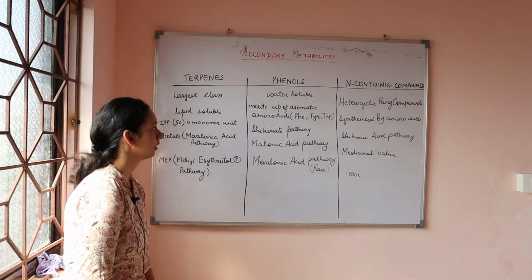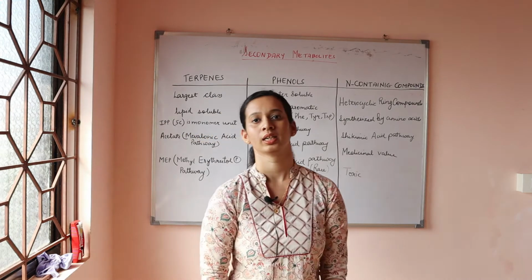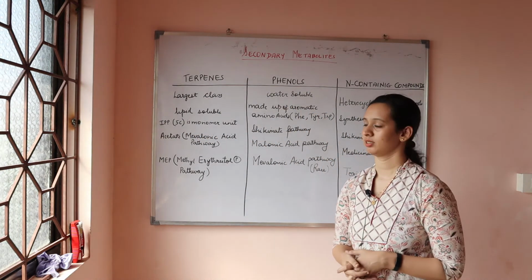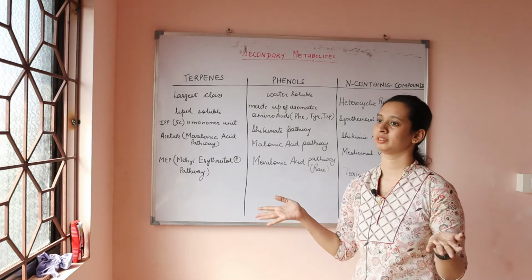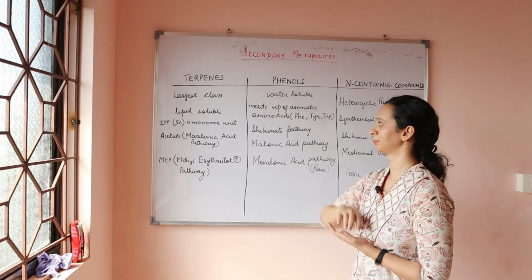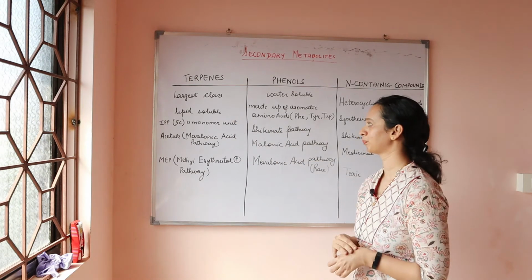So let us understand first what terpenes are. Terpenes are the largest class of secondary metabolites. This is the major class. It is lipid soluble.